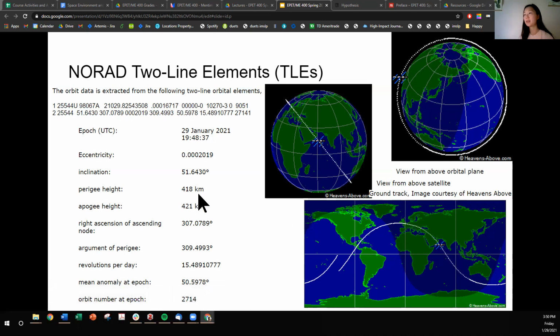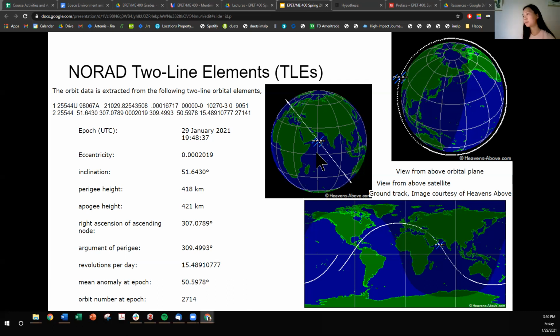So you'll notice that its perigee, its minimum height in orbit, is 418 kilometers. Its apogee, which is the farthest point it is away from Earth, is 421 kilometers. Its inclination is 51 degrees. Our Earth's fundamental plane is at the equator, so that's the angle from the equator.